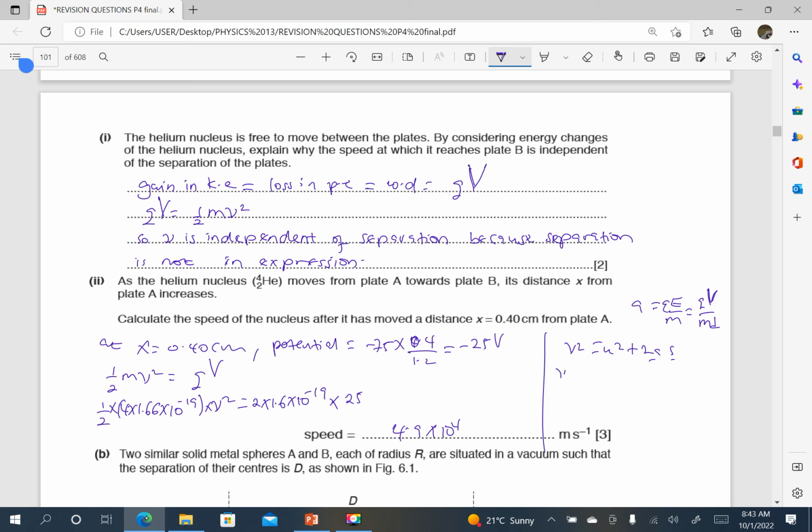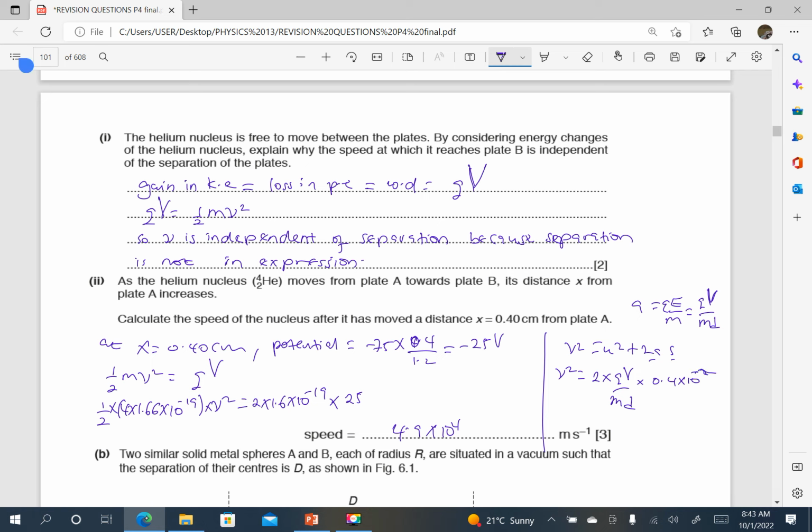So v squared is going to be 2 times QV over md, that is for the acceleration, times the distance, which was 0.4 times 10 power negative 2.